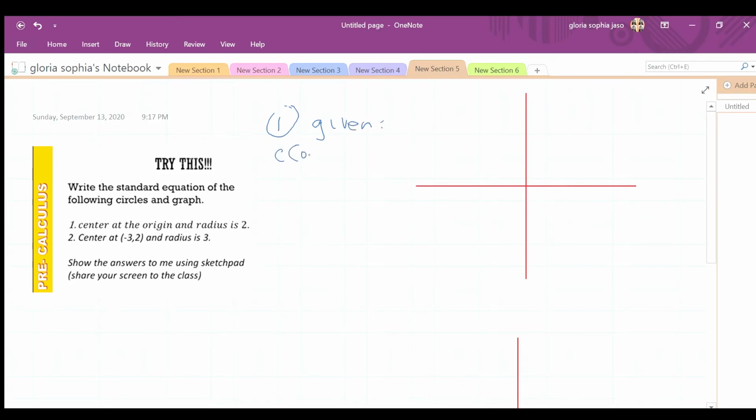Center is at the origin and radius is 2. So, we will use the first equation, x squared plus y squared equals r squared. So, just substitute r sa equation natin. X squared plus y squared equals 2 squared. So, this is our equation of the circle for number 1.